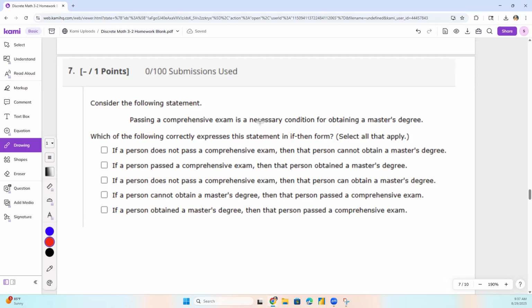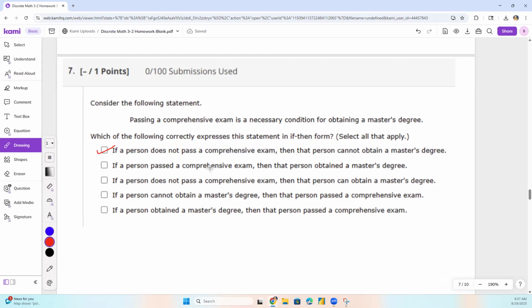If a person does not pass a comprehensive exam, then the person cannot obtain a master's degree. This is correct, right? This is not P, then not Q, which is the inverse, and it's correct.